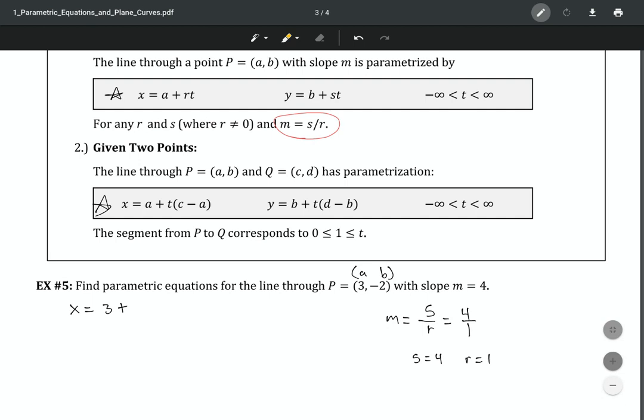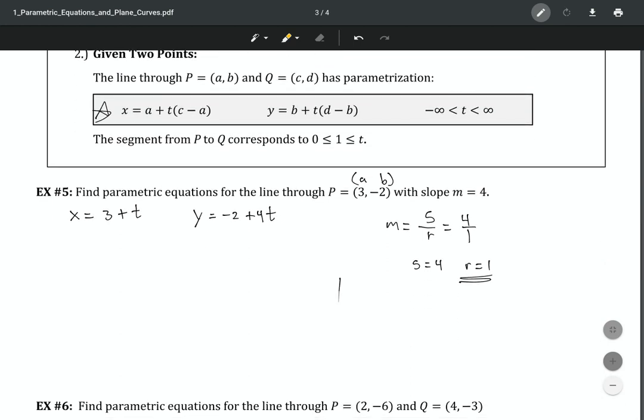Now in this case, R is 1, so I'm just going to write 3 plus T. For the Y, B is -2 and S is 4. So this is the other parametric equation. It doesn't really ask me to graph, but if I had to, I would start with that point, 3, -2.